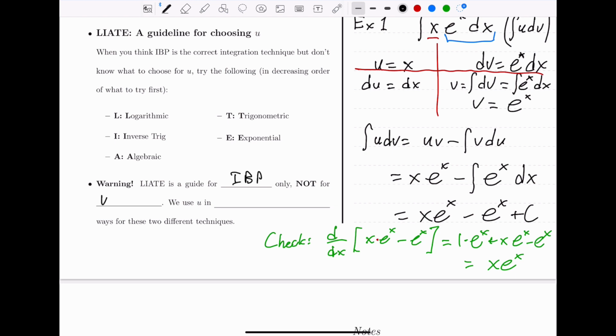It is not for u substitution problems. We use u in completely different ways for these two different techniques. So even though we're using the same variable name, don't get the u for integration by parts confused with the u for u substitution.